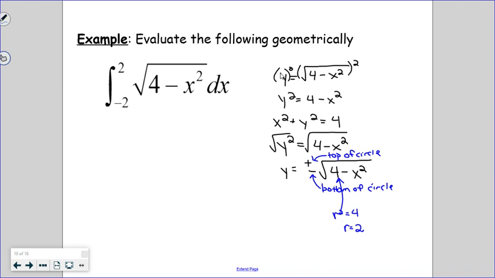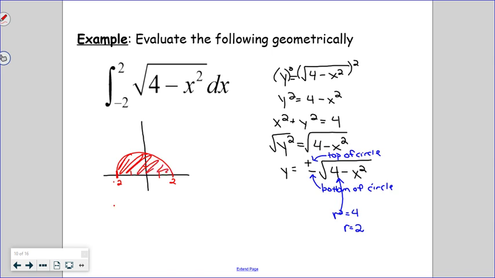So if I were to draw a picture of what's going on, we've got this circle here, radius of 2, just the top half. We are integrating from -2 to 2, which happens to be the ends of my drawing there. Usually will be. And that's the area I'm trying to find.